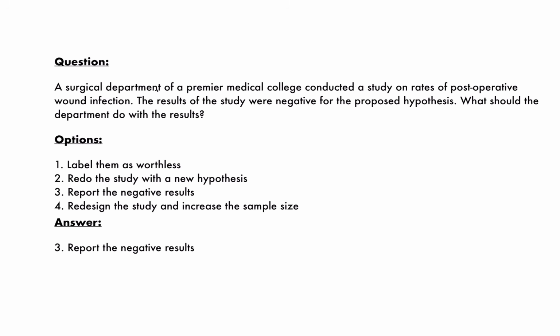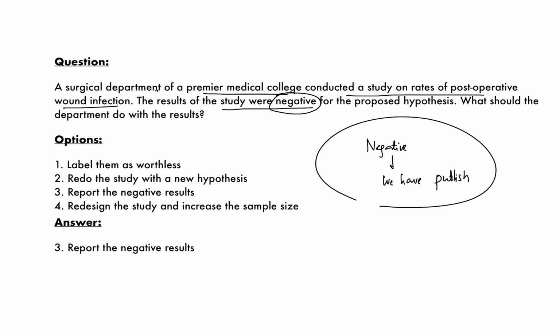Now, a surgical department of a premier medical college conducted a study on rates of post-operative wound infection. The results of the study were negative. Even if the results are negative in any study, we have to publish them. What happens if you don't publish? If you are too picky about the results, that will put a bias into the sample.